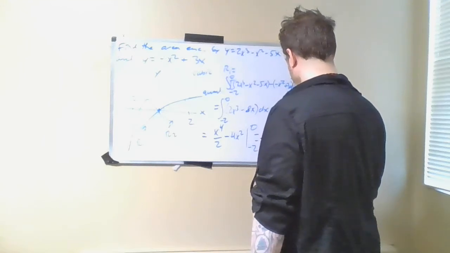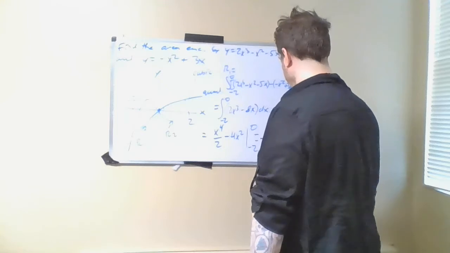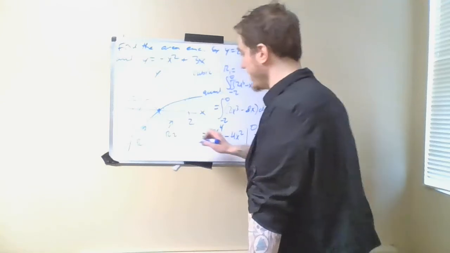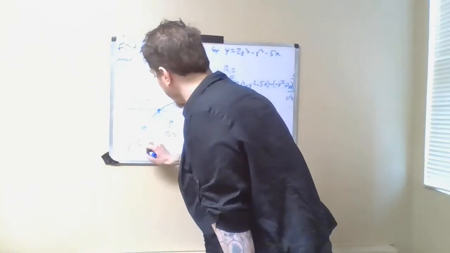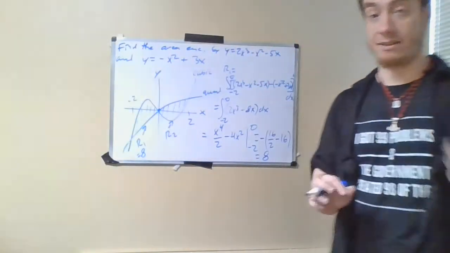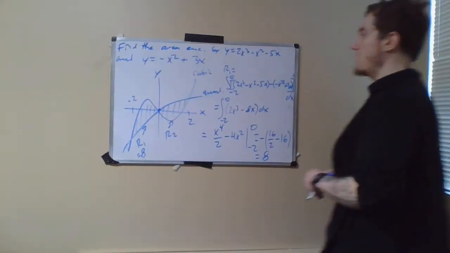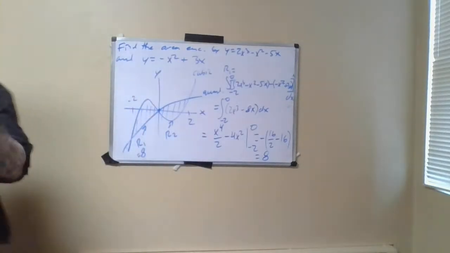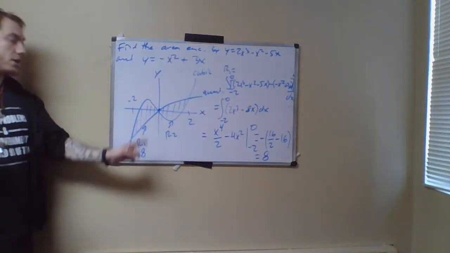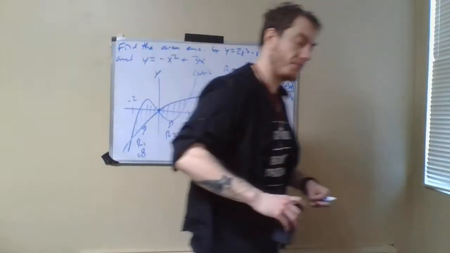So 16 over 2 is 8, minus 16 is negative 8. That comes out to be positive 8. So R1 has an area of 8. Okay. Long problem, right? Because we're not even done yet. I've only found half of this thing.